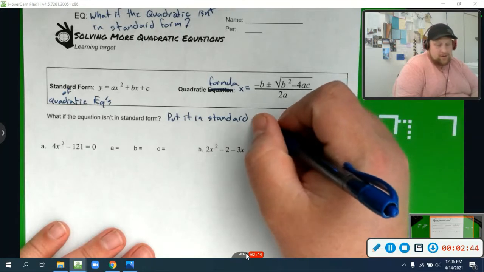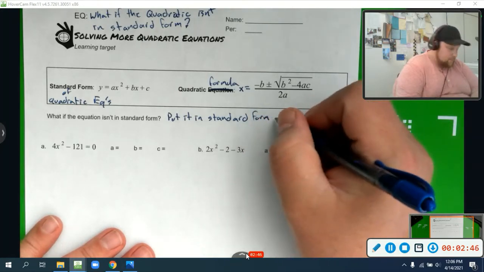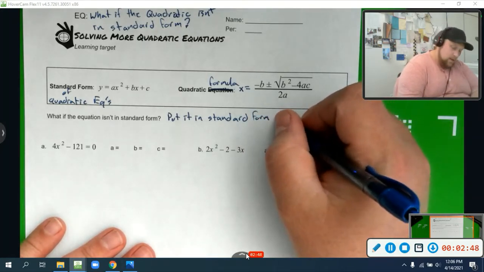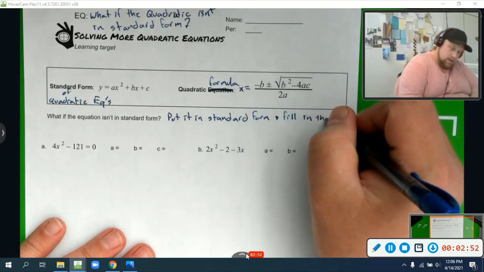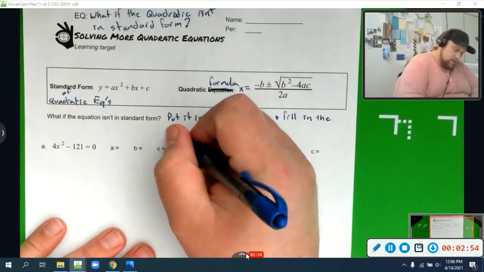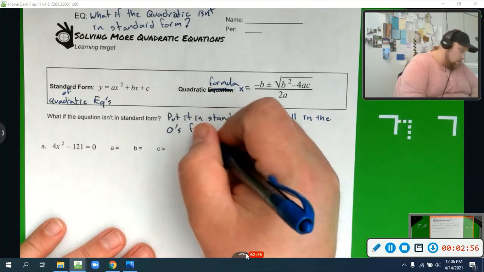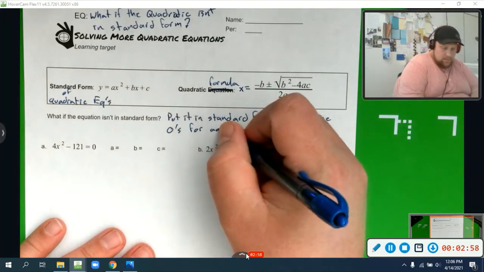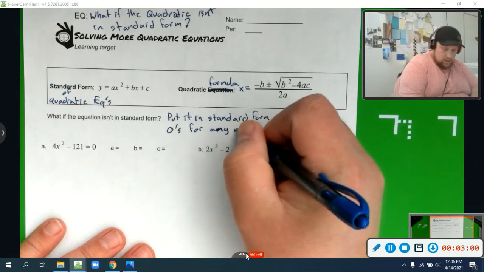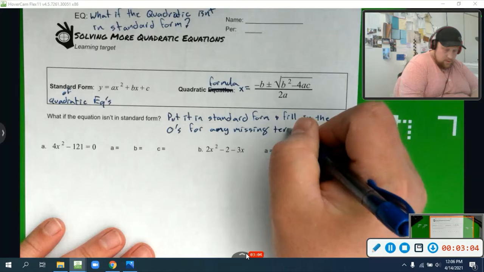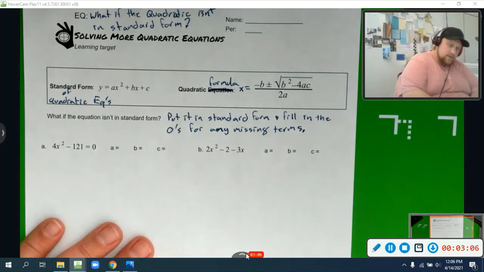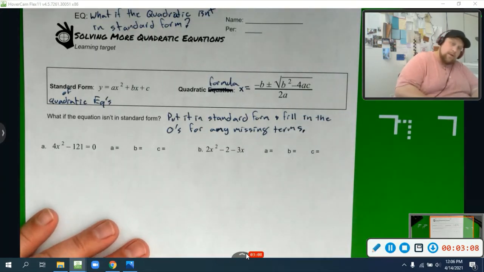Put it in standard form and fill in the zeros for any missing terms. So put it in standard form and fill in the 0 for any missing terms.